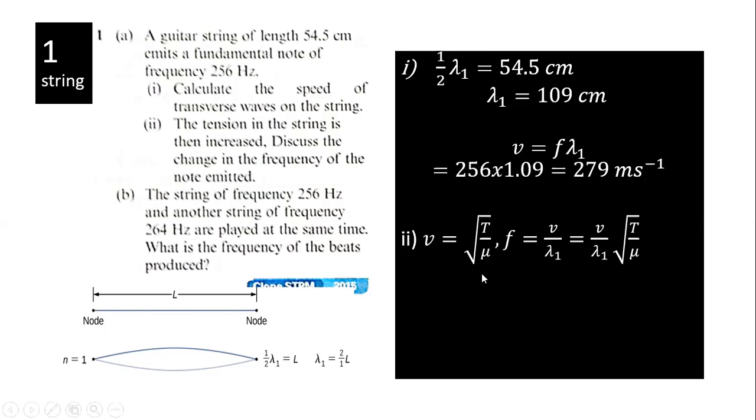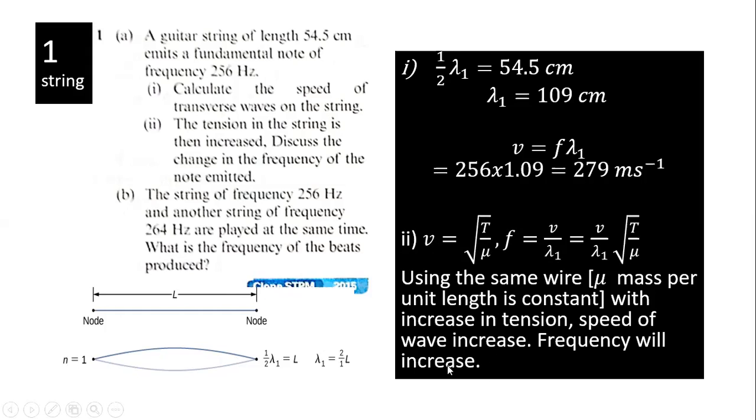Tension increases, this is still constant, so the speed will increase. The length is still the same, you still have one loop. Wavelength is the same. Speed increases, so frequency also will increase. That's how you decide. You argue it out. Okay. Any comment? No, sir. Okay, let's go to part B then.